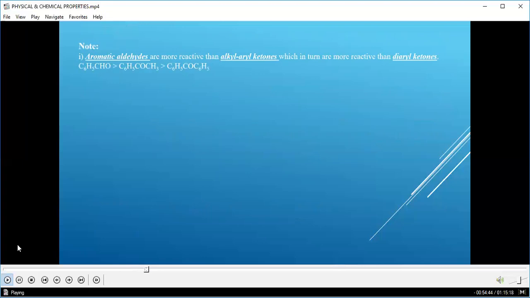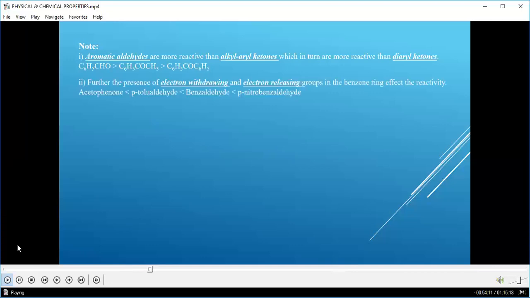Aromatic aldehydes are more reactive than alkyl aryl ketones, which in turn are more reactive than diaryl ketones. For example, benzaldehyde, C6H5CHO, is more reactive than acetophenone, C6H5COCH3, which is more reactive than benzophenone, or diphenyl ketone.